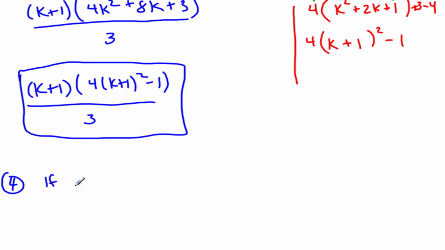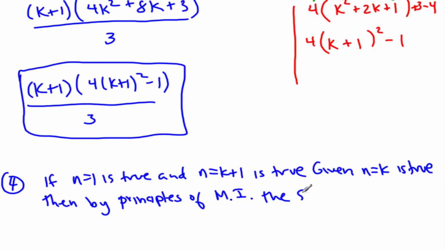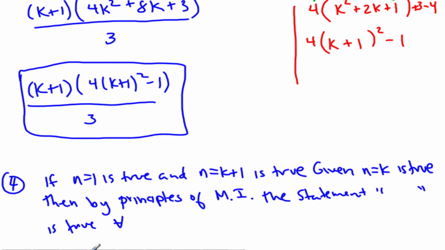So we have if n equals 1 is true and n equals k plus 1 is true, given n equals k is true, then by the principles of mathematical induction, the statement, whatever's up there, I'm not going to rewrite it, the statement is true for all n elements of the positive integers.